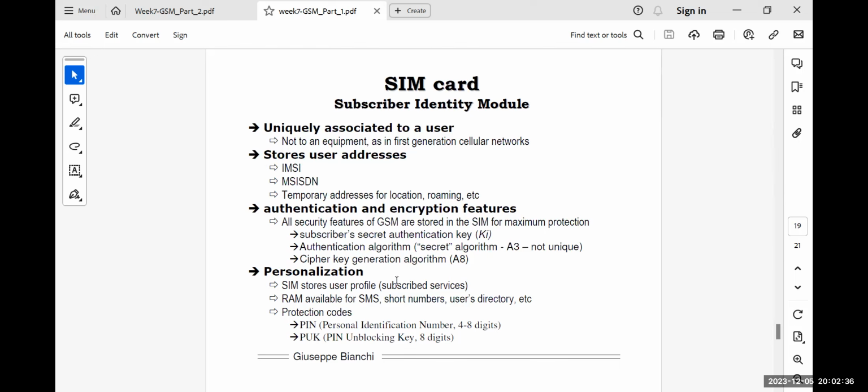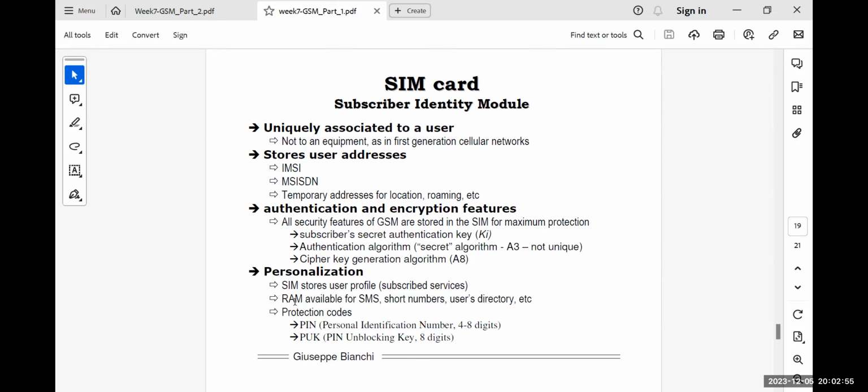The SIM stores the user profile. For example, your mobile SIM is obviously associated with your CNIC, right? Your government authorized identification. So obviously a SIM is allocated in the name of some person, right?